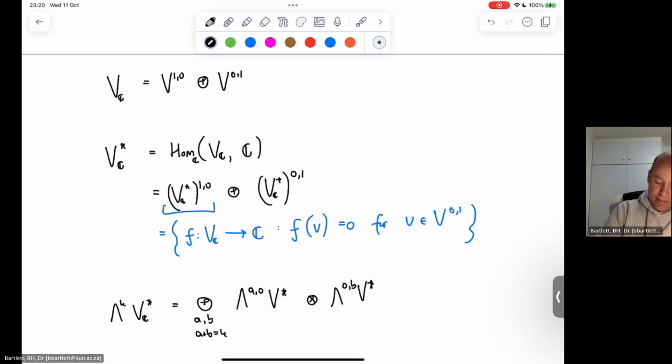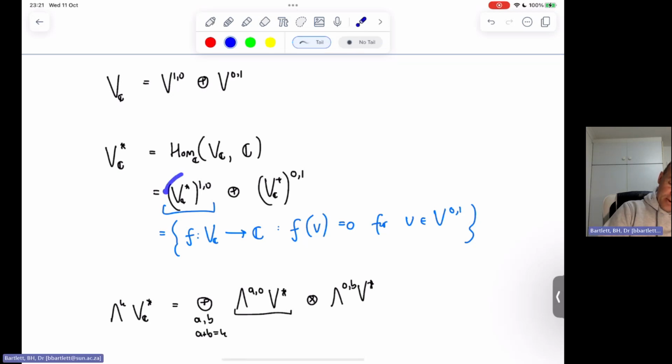What does this mean? This just means I take the a-th exterior power of this one here, and this means I take the b-th exterior power of this vector space here. I take those two and I tensor them together, and that would then be the kth exterior power of this vector space.